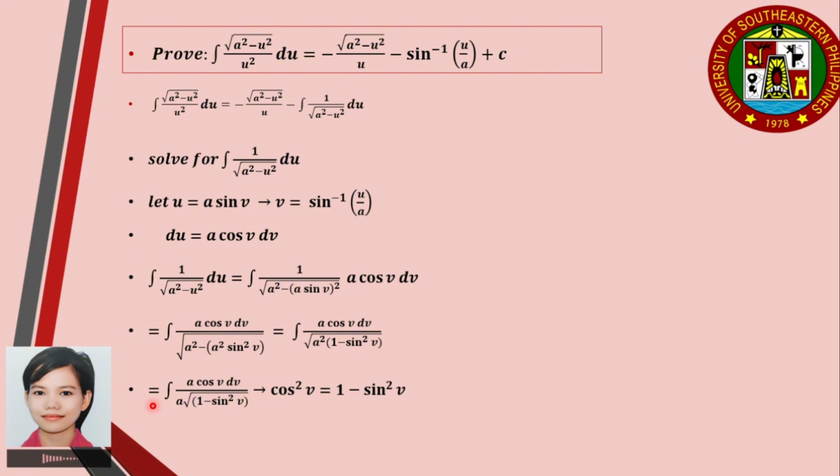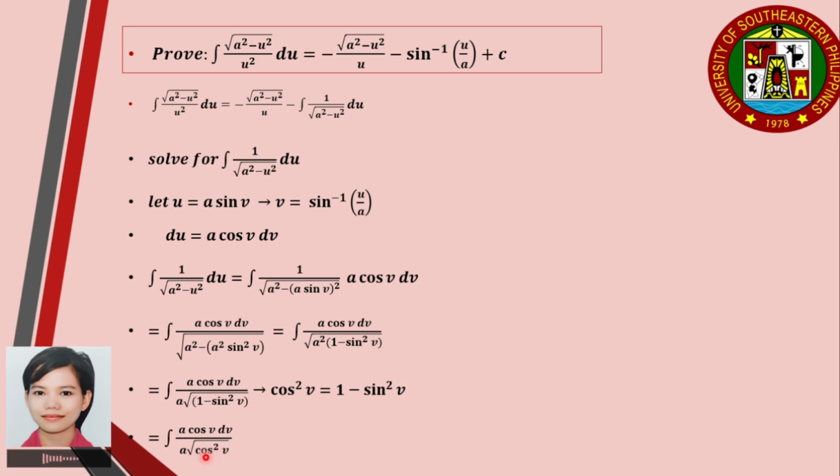So, from this function, we can rewrite it into a simpler function, which is the integral of a cos v dv all over a, since we factor out the a right here. As you can see from the difference from here and right here, the square root of a squared is equal to a, and 1 minus sine squared is equal to cos squared v.